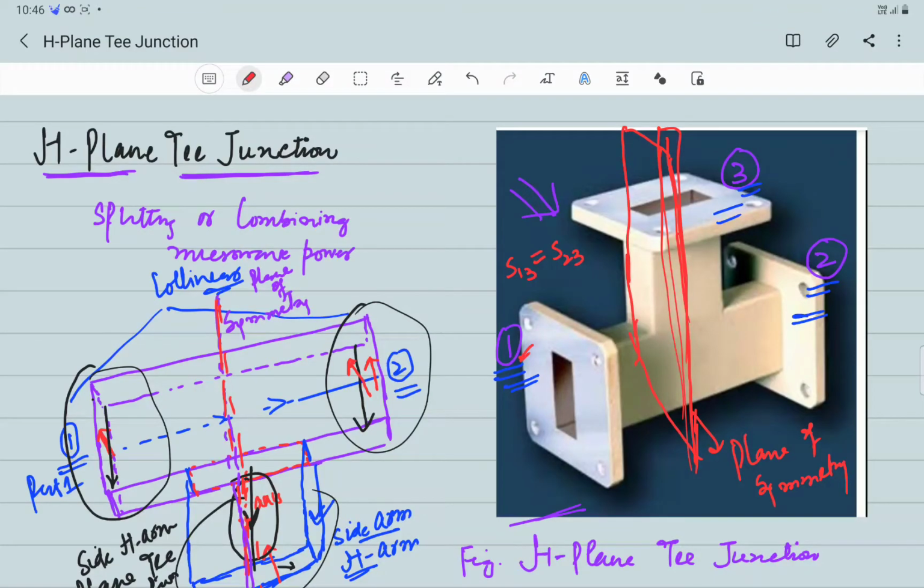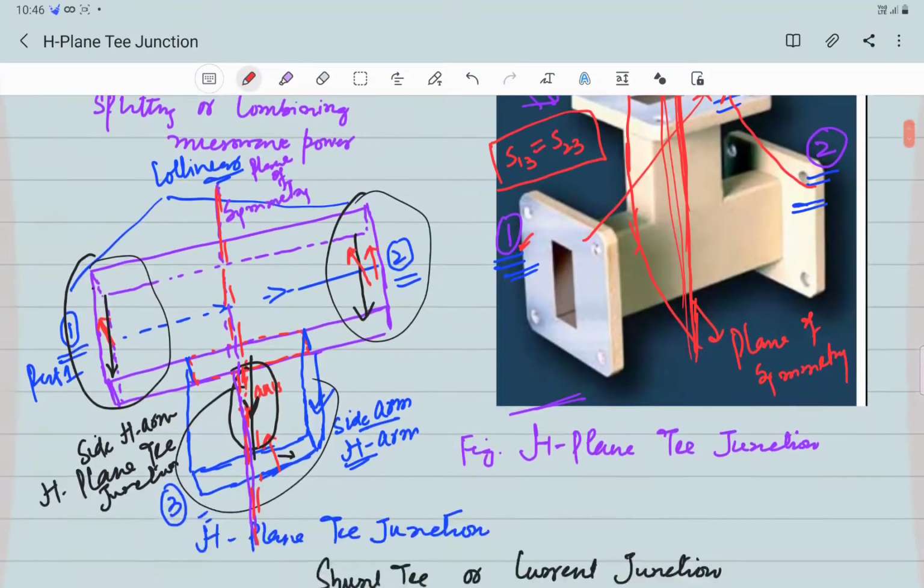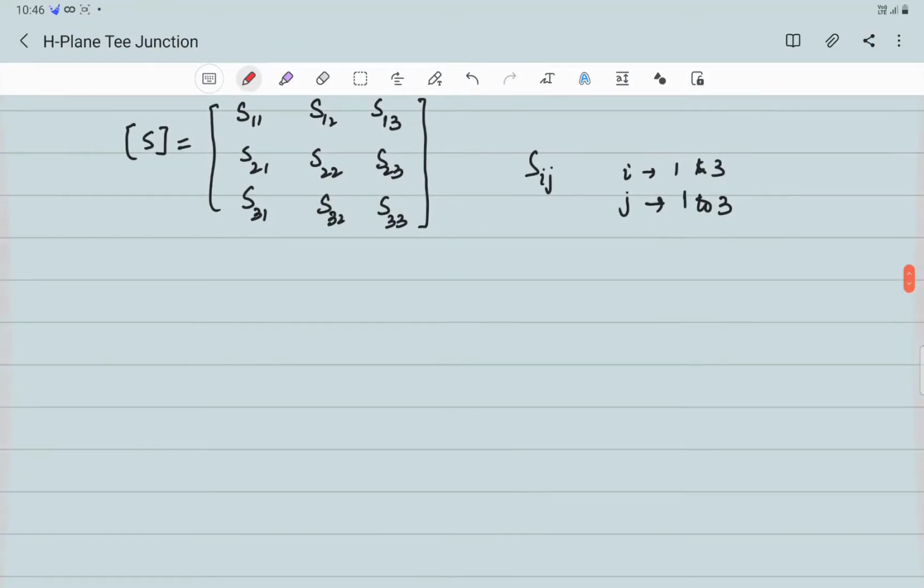S13 must be the same as S23. So this is because of the plane of symmetry. The first thing that we have seen is that because of the plane of symmetry, S13 is the same as S23.